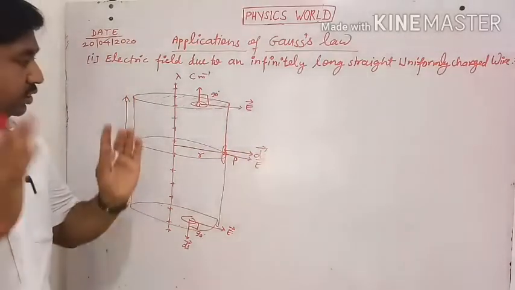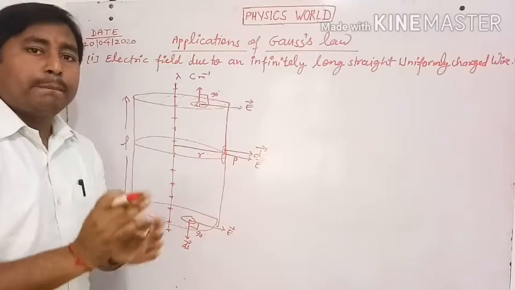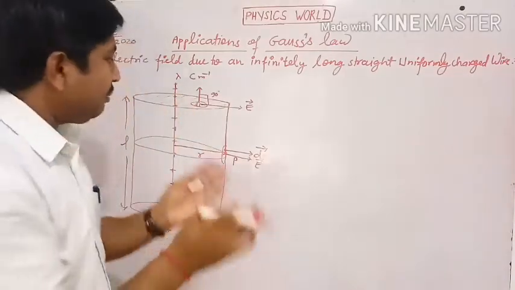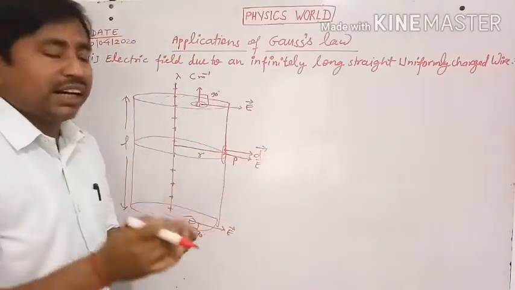So the total electric flux passing through the surface can be calculated easily with the help of Gauss law.